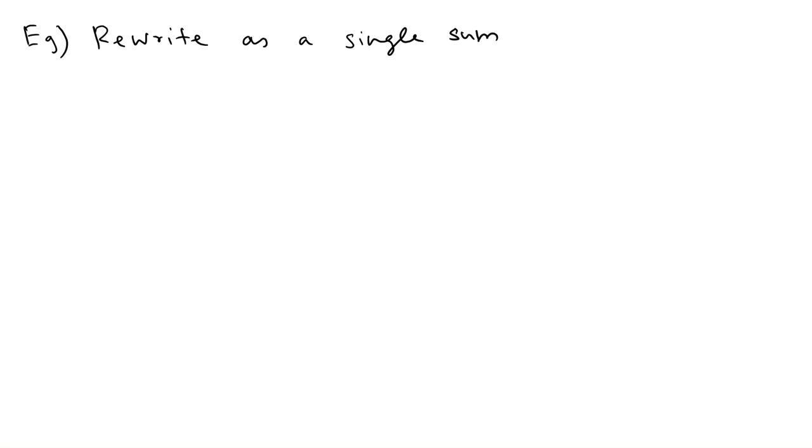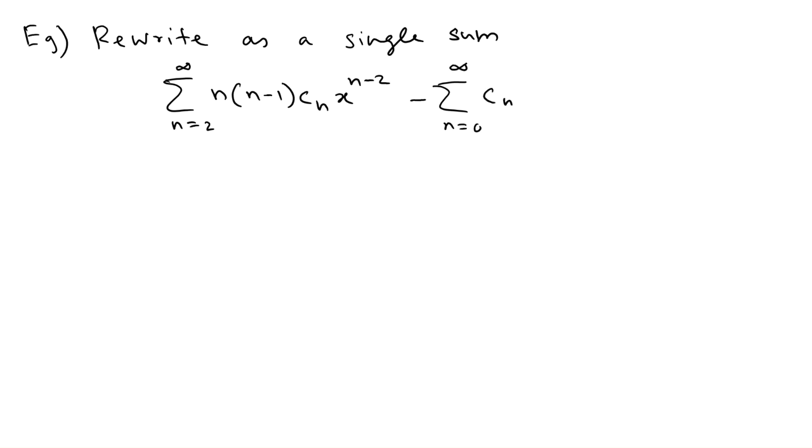So for example, let's say you have these two sums, sigma n going from 2 to infinity n minus 1 cn x to the n minus 2 minus sigma n going from 0 to infinity cn x to the n plus 1, like that.